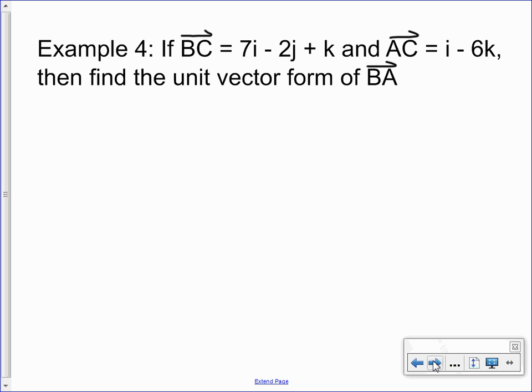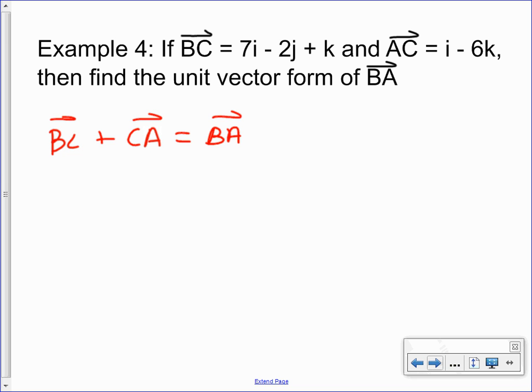Here we go. This one is the tricky one, so I want to walk through it. Take a look at it. I have BC and AC. How am I going to get BA? Have to switch, right? So we know that BC plus CA will get us BA.